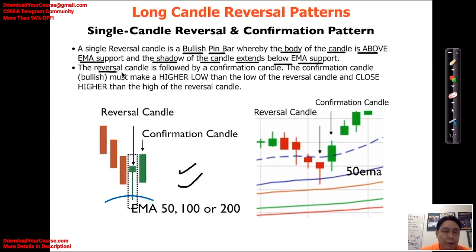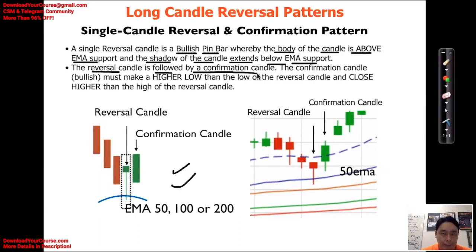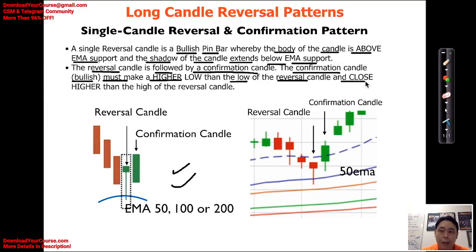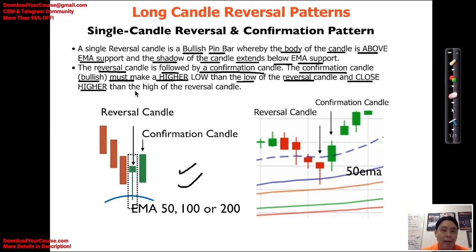Now, the reversal candle, again, must be followed by a confirmation candle. The confirmation candle must be bullish if we are going long, obviously, right? And the confirmation candle must make a higher low than the low of the reversal candle and close higher than the high of the reversal candle.